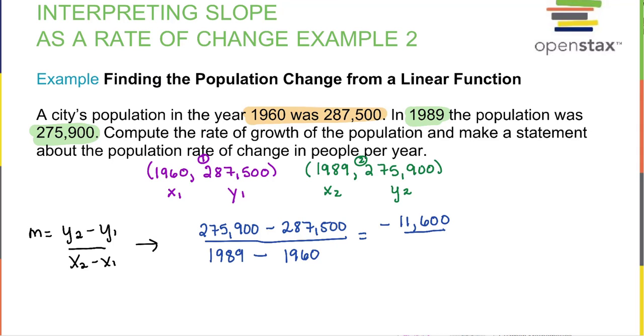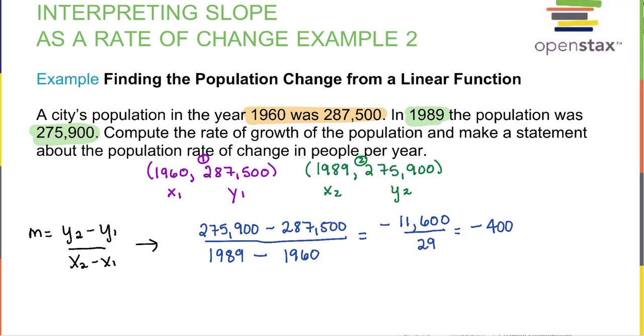Then when we subtract 1989 minus 1960 on the bottom, we get 29 years. So then we can divide negative 11,600 by 29, and we get negative 400. Now that is our slope, but we need to interpret it.